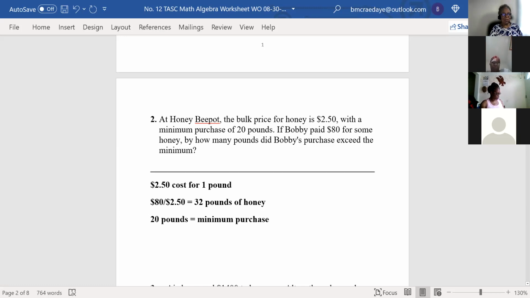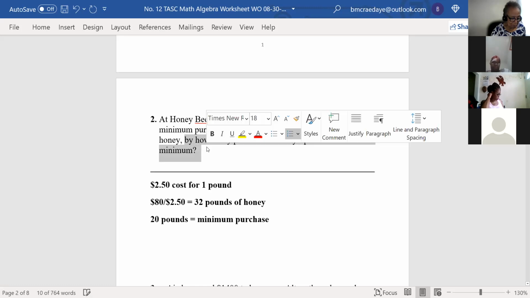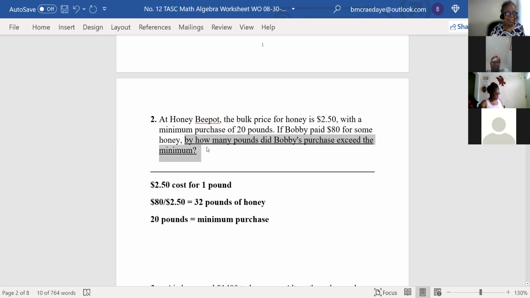No, why by 32? It says by how many pounds, look at what you're trying to find, Michelle. By how many pounds did Bobby's purchase exceed the minimum? The minimum is 20. He bought 32 pounds. So how do you find how many pounds he purchased more than the minimum?